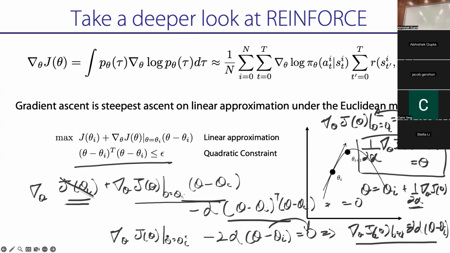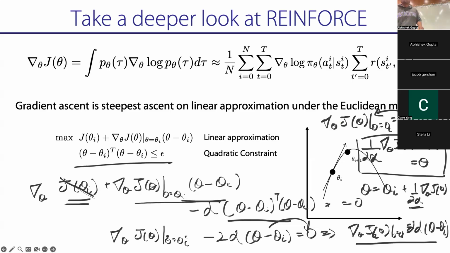But the point is, what we've done is we said, take the Lagrangian, take the gradient, set it to 0, right? Multiply and divide by 2 alpha, and then move the theta I over to the other side. But what that results in is theta is equal to theta I plus some step size, call it epsilon. Epsilon is 1 over 2 alpha. But some step size times the gradient. That's exactly gradient descent. So I guess all I'm trying to show is that you can derive gradient descent by maximizing this objective. Yeah. So it's not an arbitrary objective.